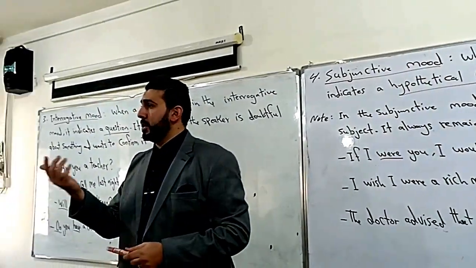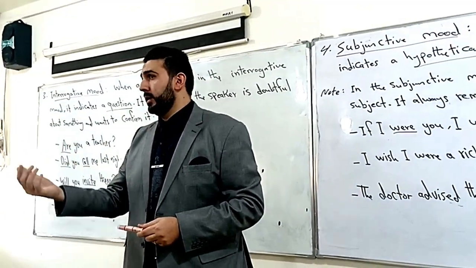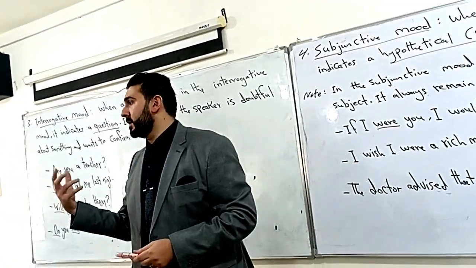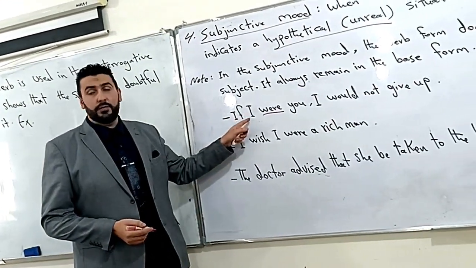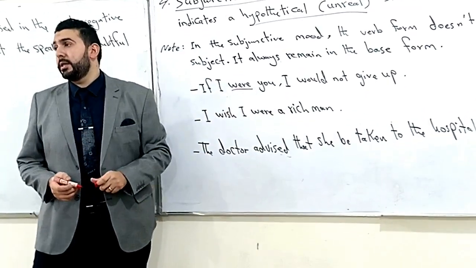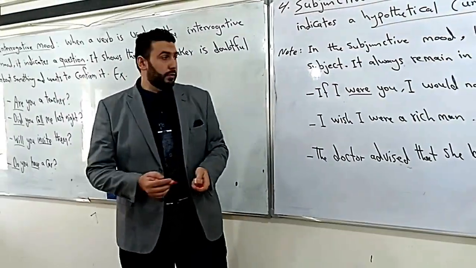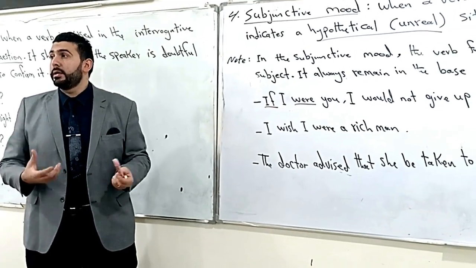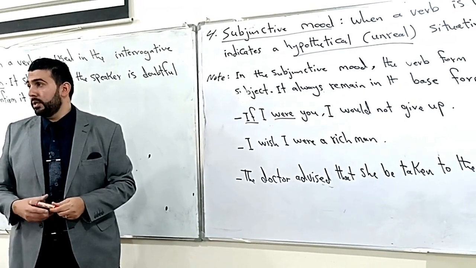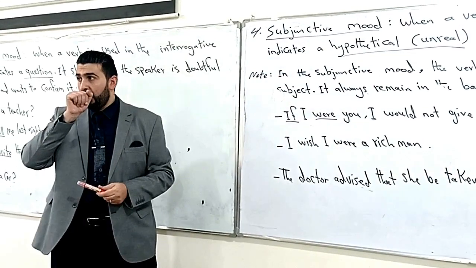If I were the president, if I were the king, it means I'm talking about a wish. Here were is used in the subjunctive mood, and here we have the if clause, which is used in the subjunctive mood.